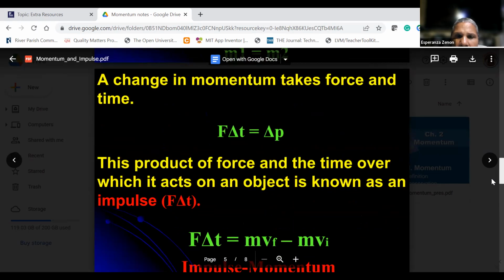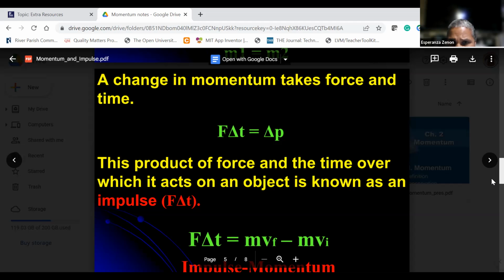All right. So we've seen this formula, F times the change in time equals the change in momentum. That's impulse, right? So that's our impulse momentum relationship, right? Change in momentum equals impulse, okay?